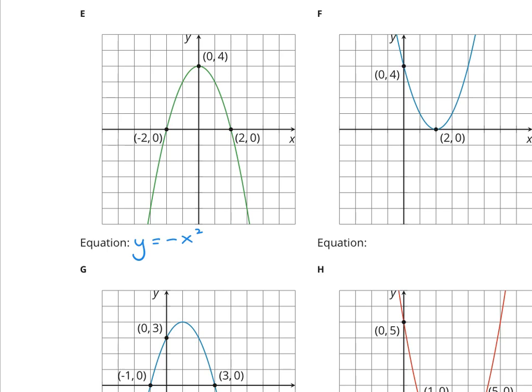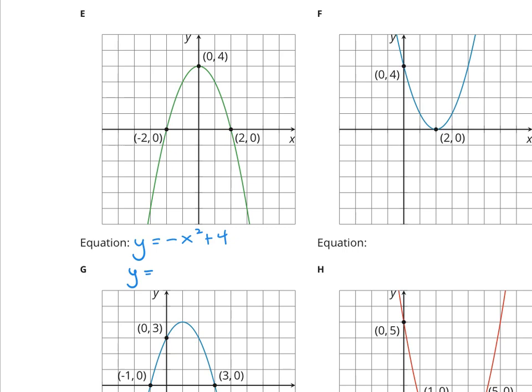Now, since I know it went straight up without shifting side to side, I can just say that's -x squared plus 4. If I want to think about it in terms of the x-intercepts, because I'm opening down, one of these is going to be the opposite. So my x-intercepts are -2 and +2.